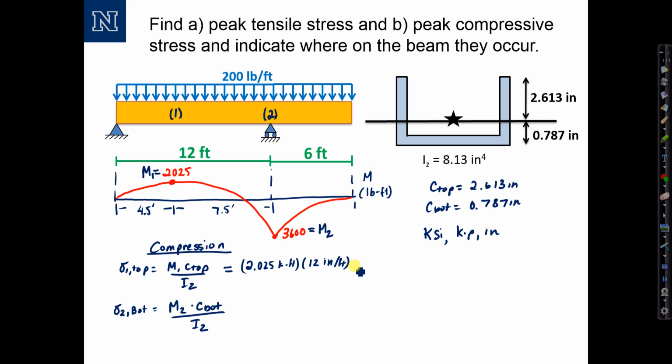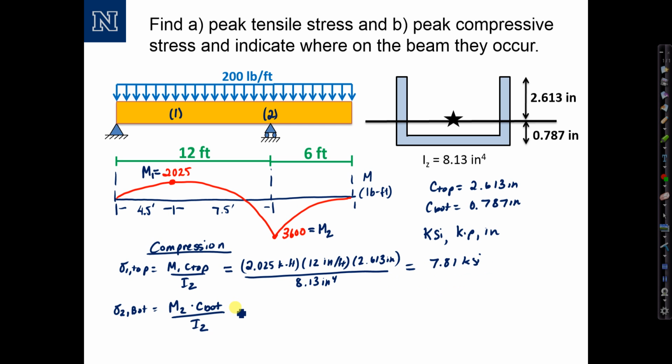Multiply that by C top, 2.613 inches, and divide by IZ, which is 8.13 inches to the fourth. That will give me my answer in KSI, and the value is 7.81 KSI.